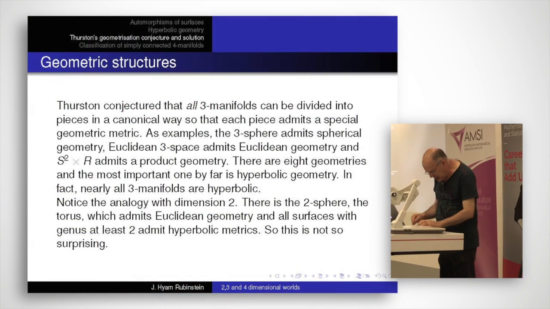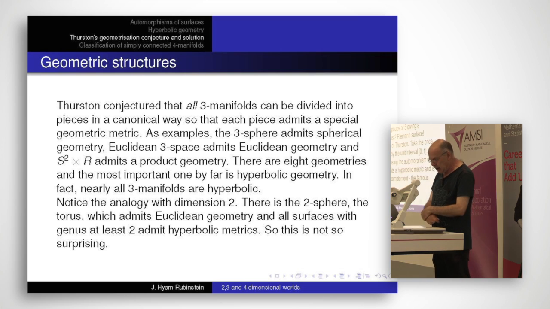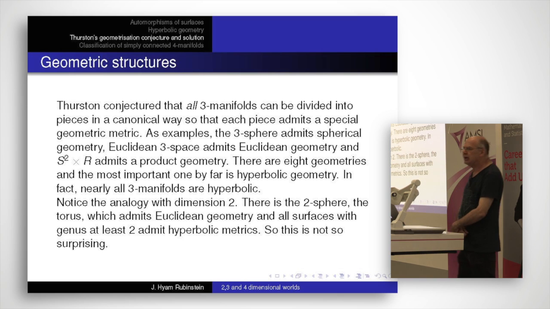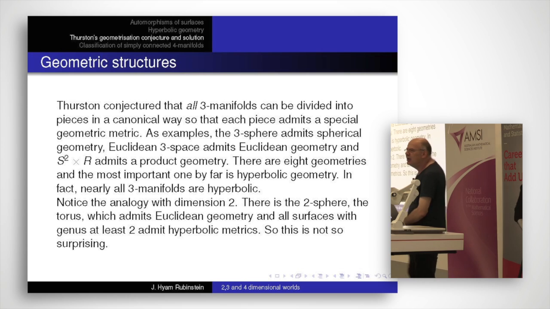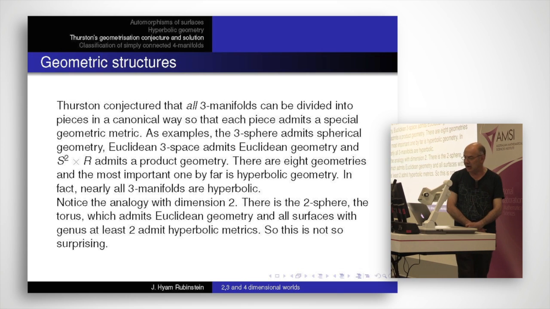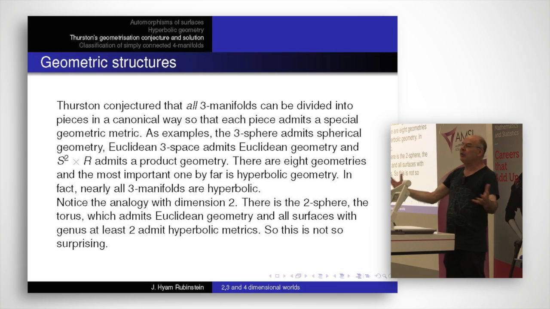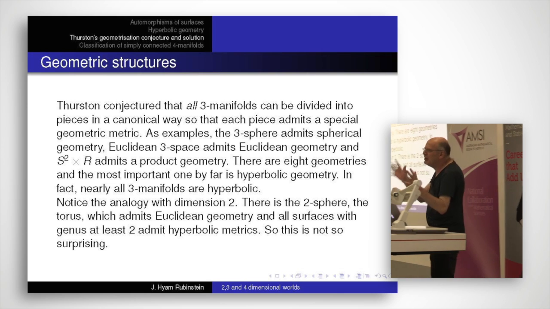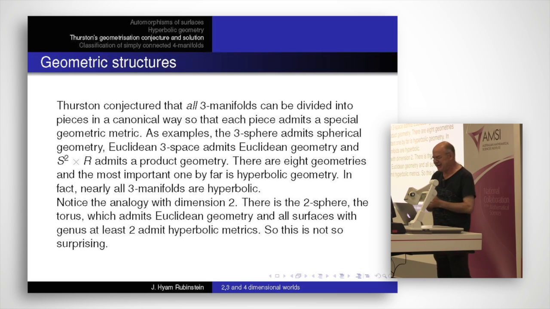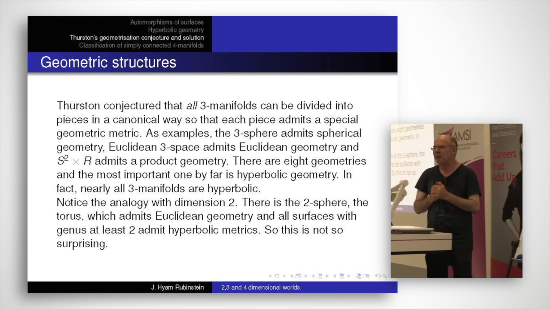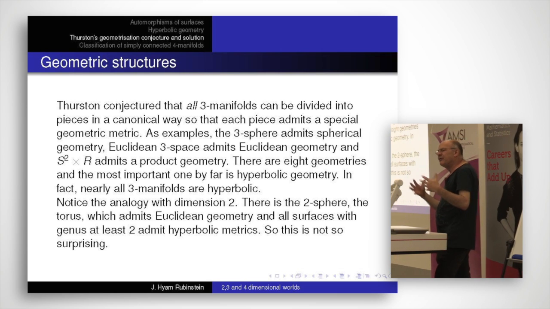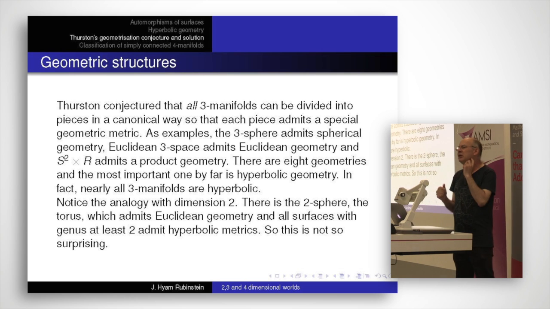So just to finish now, Thurston did many wonderful things about hyperbolic geometry, but in particular what he conjectured, this is his famous geometrization conjecture, is that all 3-dimensional spaces, there are some adjectives missing here, but that's a pretty good approximation, can be divided up in a unique way.